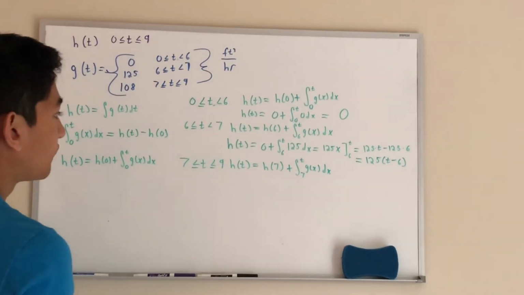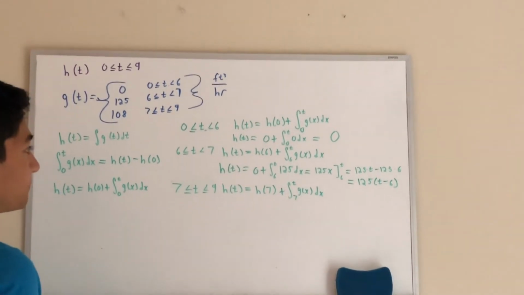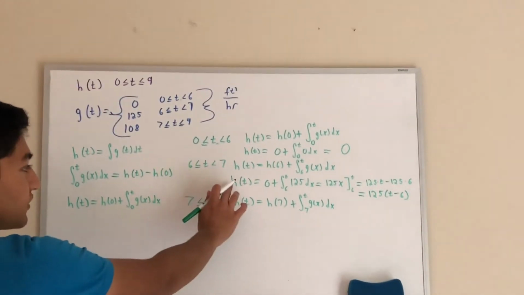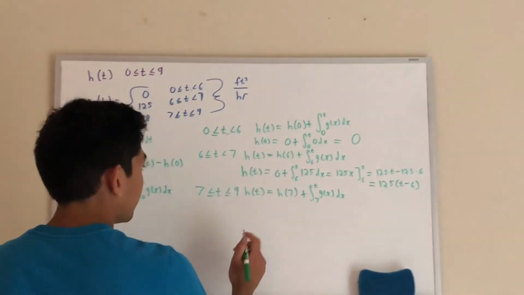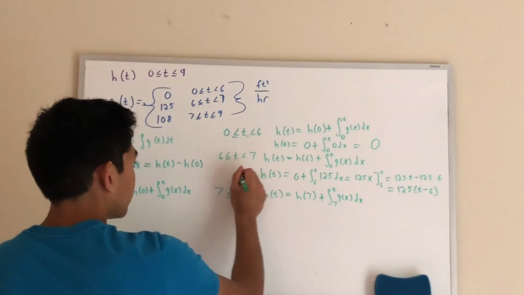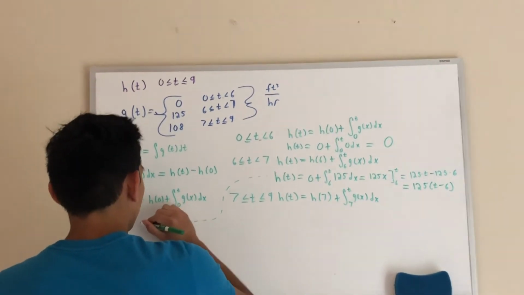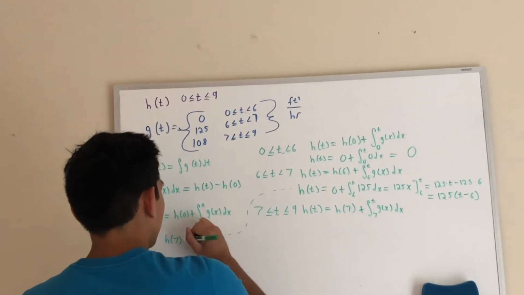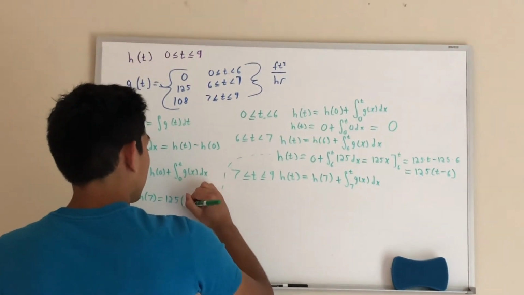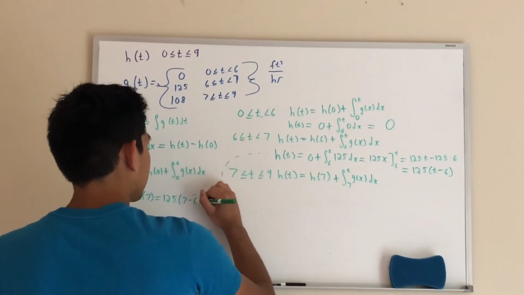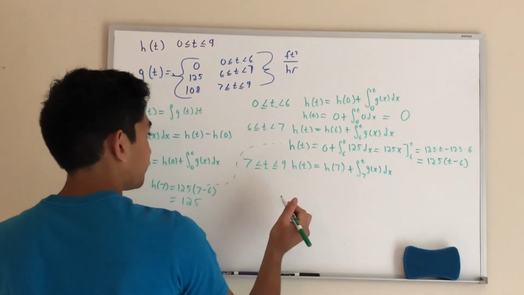So now we have to solve for what h of 7 is. So to solve for that, we take this function and we plug in 7. So if we do that, you get h of 7 is going to be equal to 125 times (7 minus 6), which equals 125.